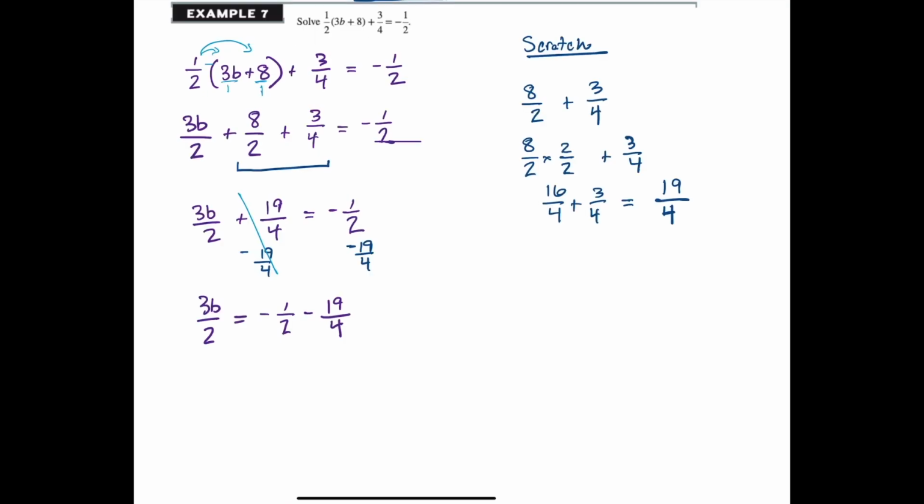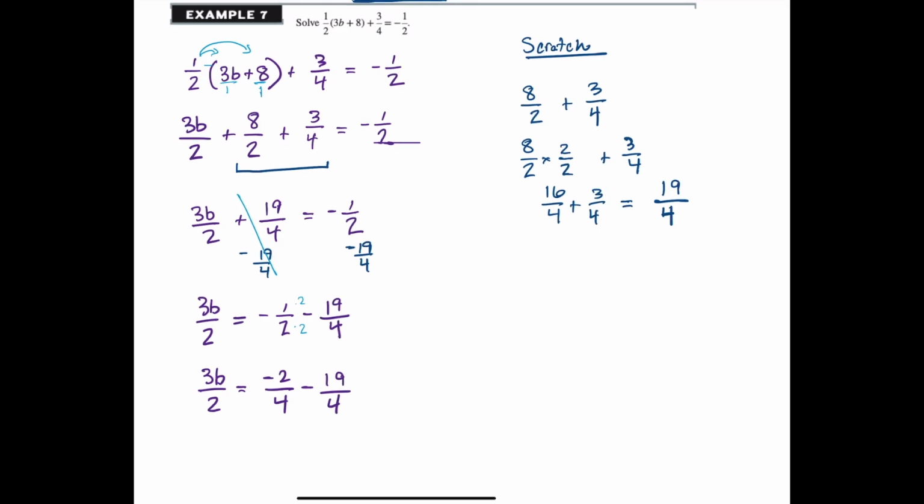If I multiply the negative 1/2 by 2 over 2, I can get a 4 in the denominator. So I've got 3b over 2. This will become negative 2 over 4 minus 19 over 4. So let's jump up here.